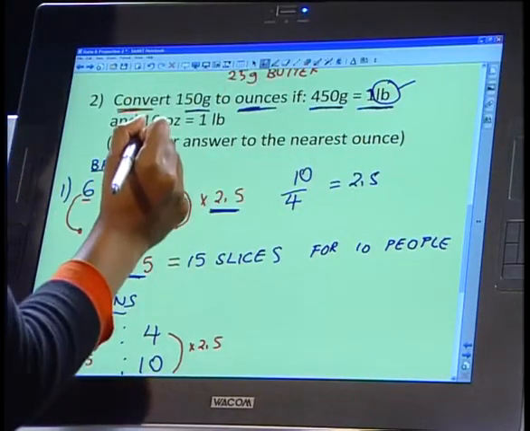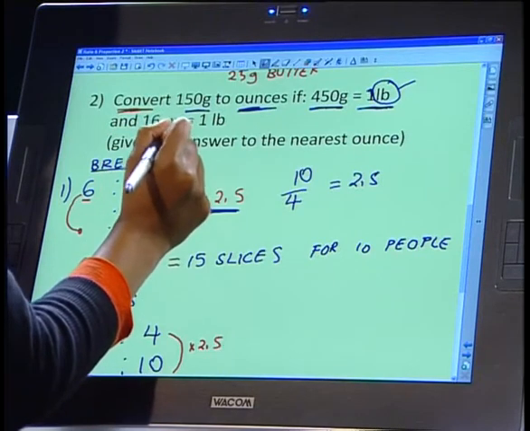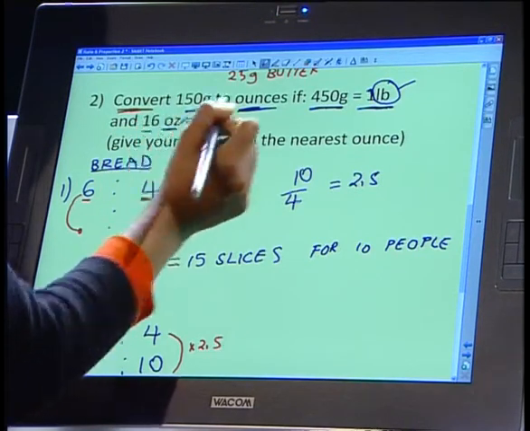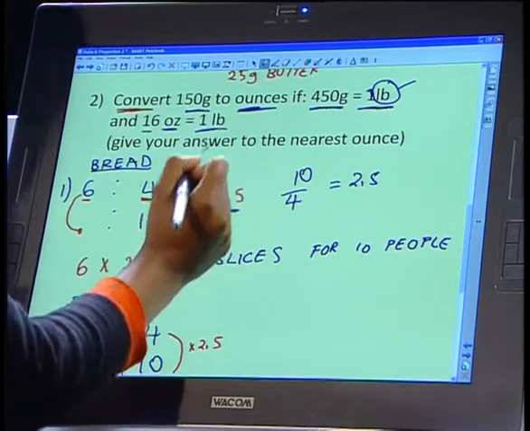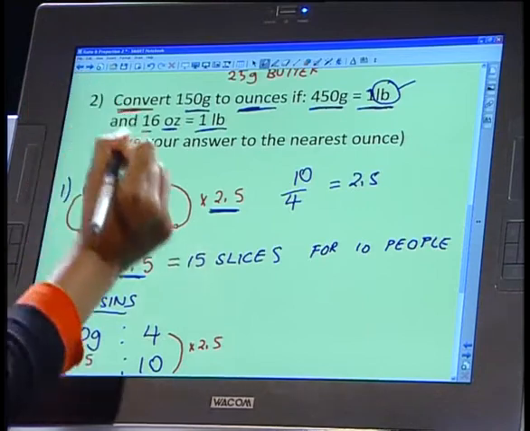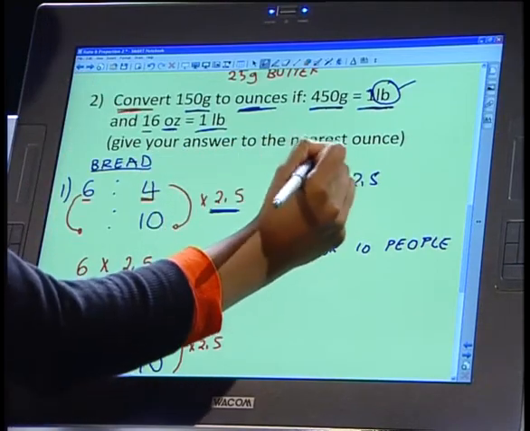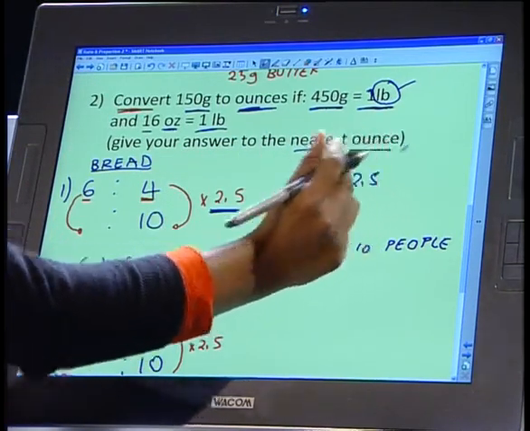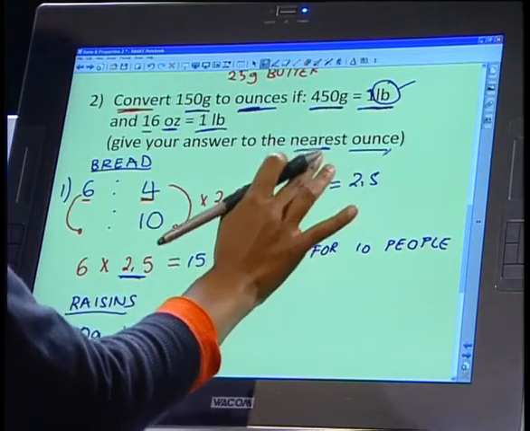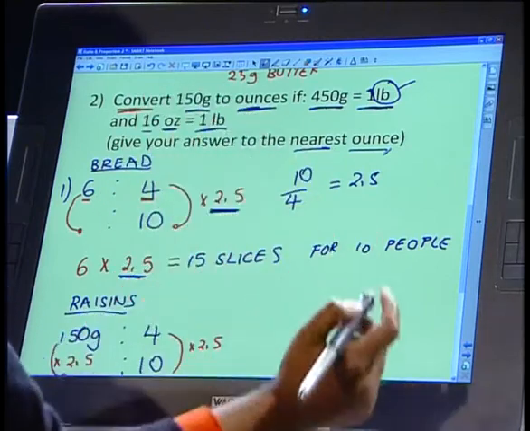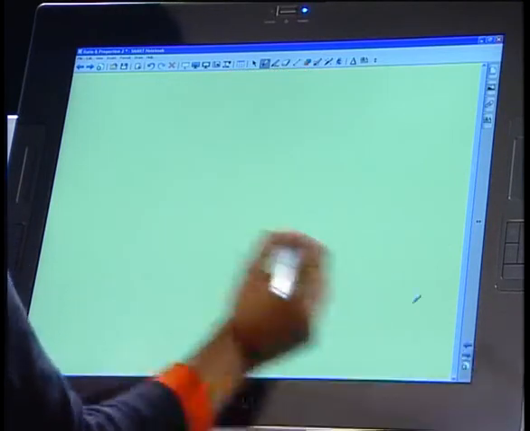And they also tell us that 16 OZ, or 16 ounces, that's the abbreviation for ounces, is equal to 1 pound. They then very specifically say, give your answer to the nearest ounce. So you need to be careful of how you round off there. Okay, so let's get all of this down. We've got 450 grams.